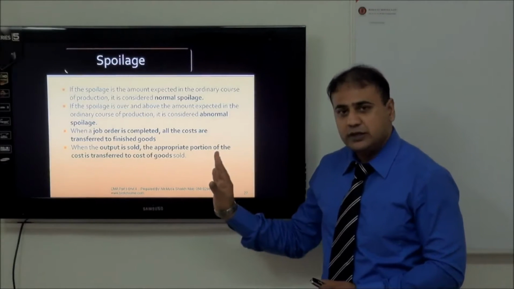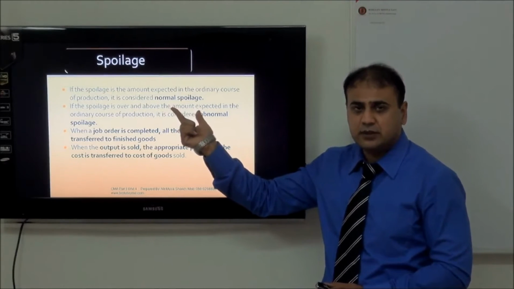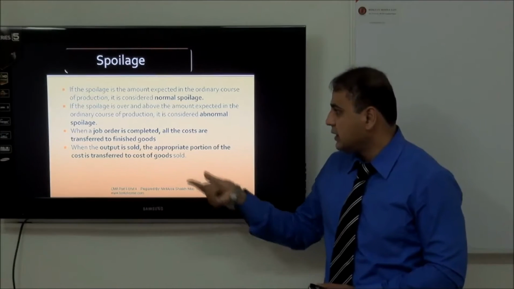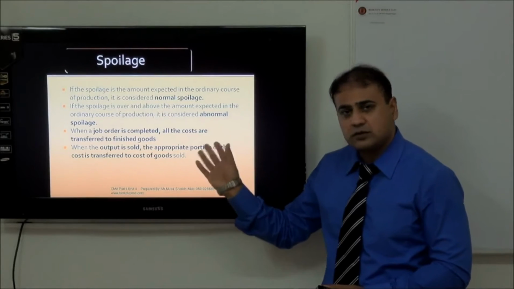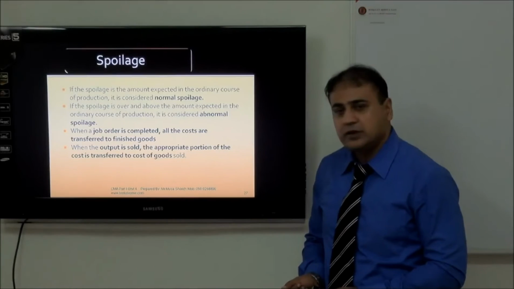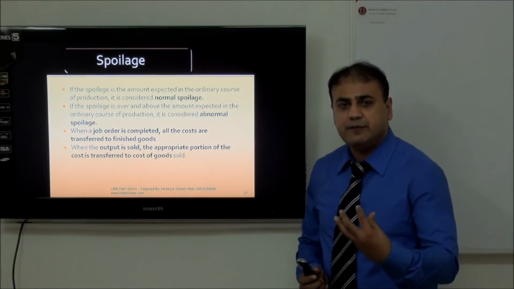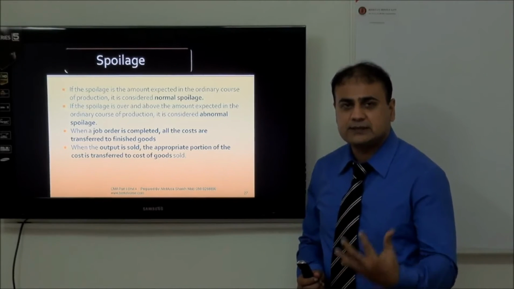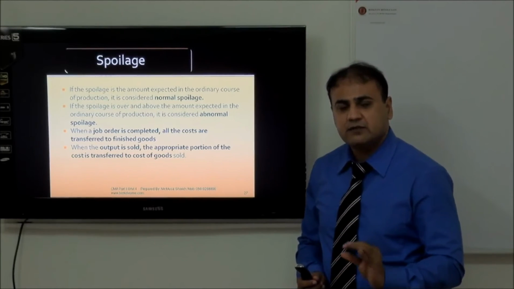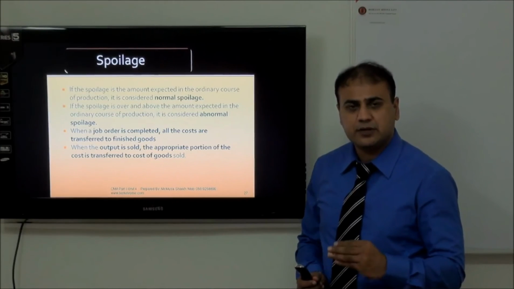For any kind of spoilage we have certain treatments: if it is normal spoilage, there is no need to worry about it, but if it is abnormal spoilage, we have to give it a treatment. And when the job is complete, all costs are transferred to finished goods. So in general, the job order costing system is a system which, based on a specific order, takes direct material, labor and overheads. For overheads, we use a predetermined rate, which is quite logical for arriving at the cost of the product itself.